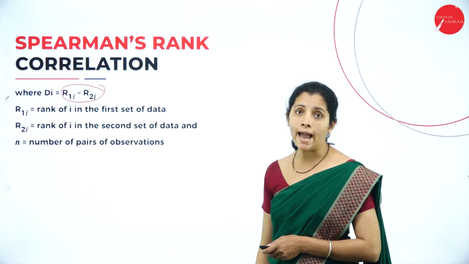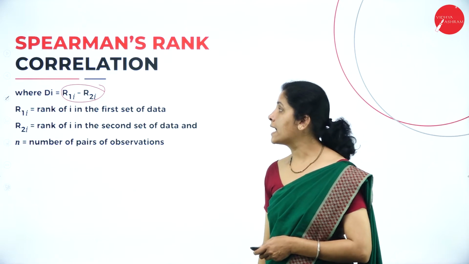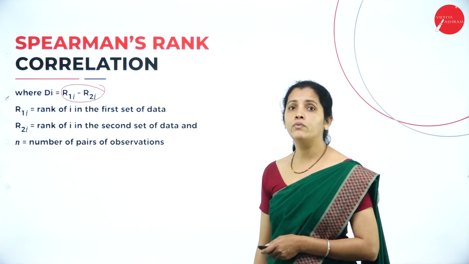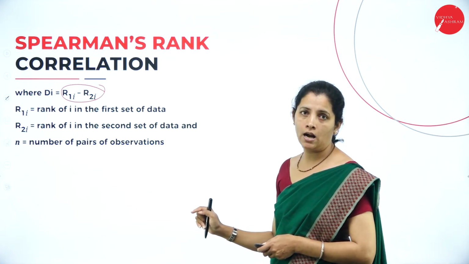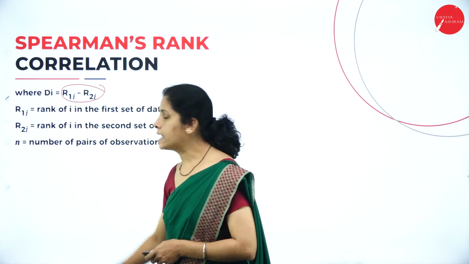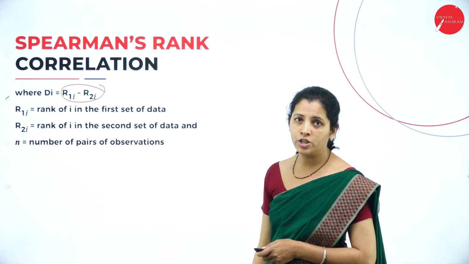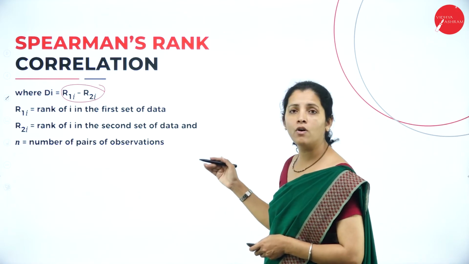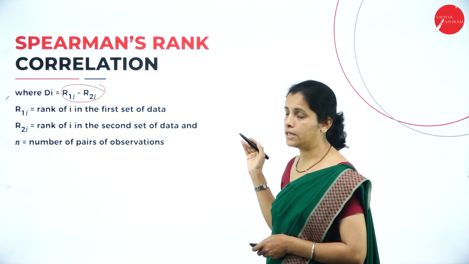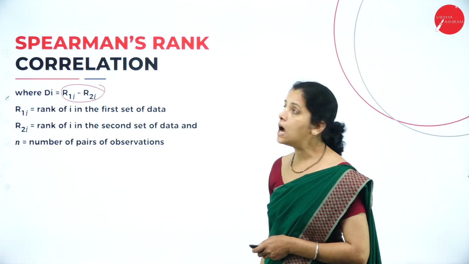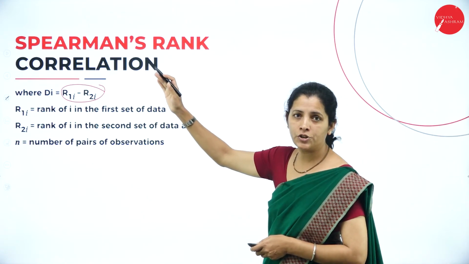That's nothing but rank 1 and rank 2, which I want to find from the given data. And n is nothing but the number of pairs of observations, the total number of observations present in the given data set. Okay, so this is the formula used to solve Spearman's rank correlation.